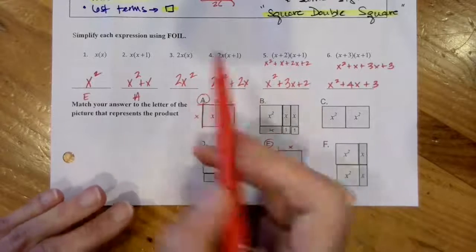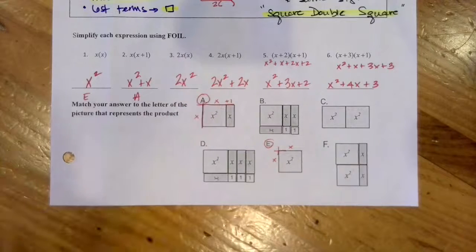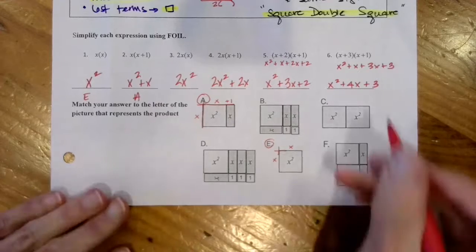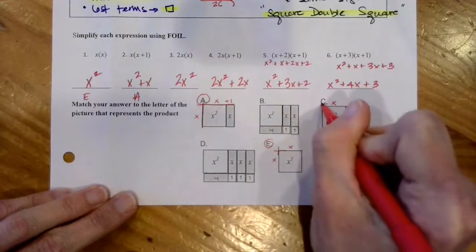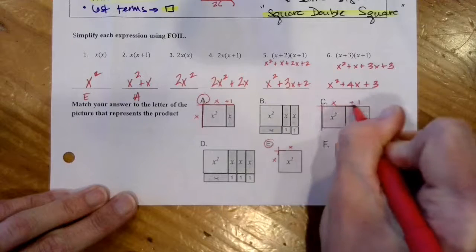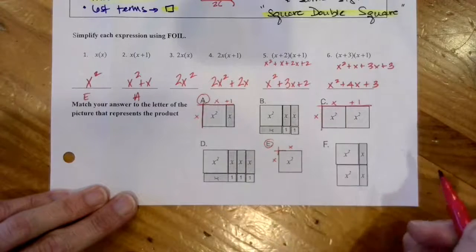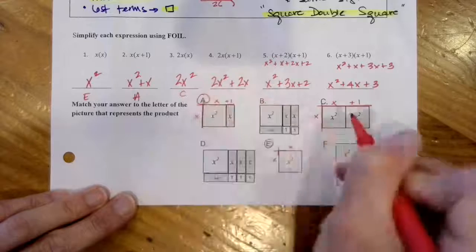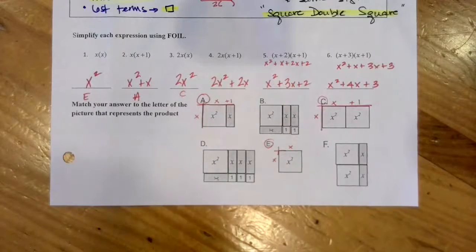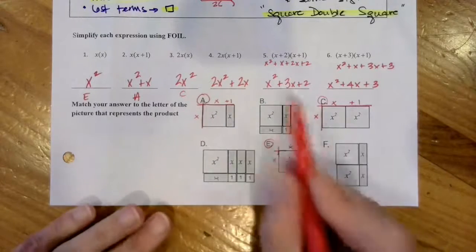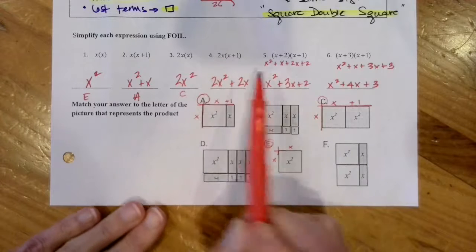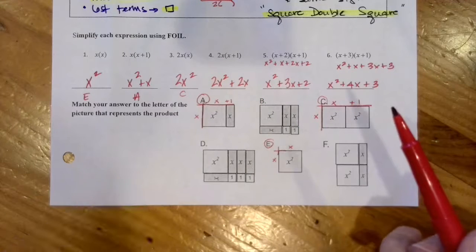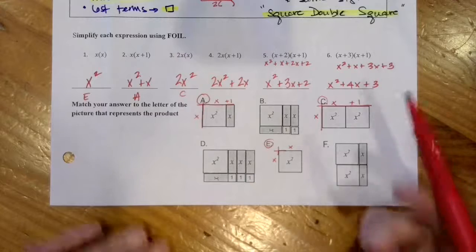Okay, so I have 2x times x, that's going to give me 2x squared. So if you think about it, this is x plus x, or 2x, and this here is x, which means this one's got to match up with C. If I have 2x times x plus 1, my answer is going to be 2x squared plus 2x.